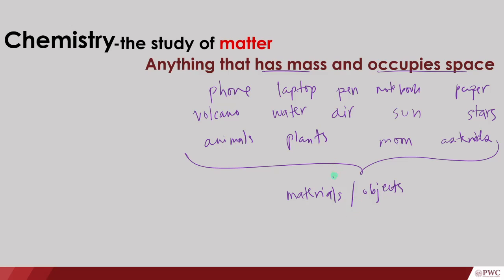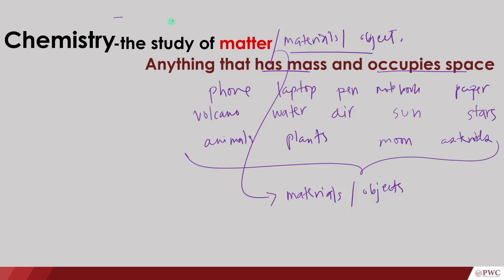Thus, we can say that the word matter is also similar to the word materials or objects. So from here we can make a simpler definition of chemistry. That is, chemistry is the study of materials or objects around us.